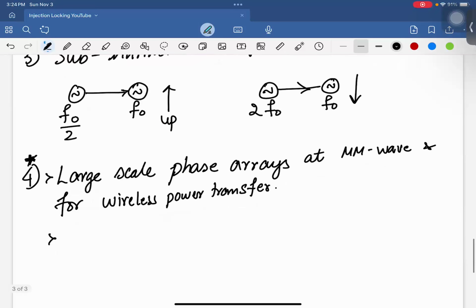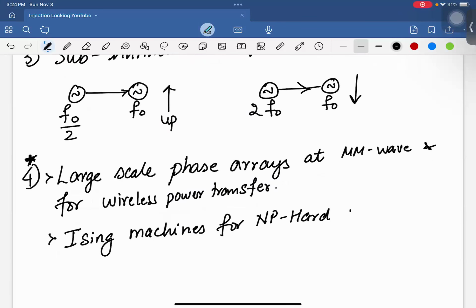And then there's also some other papers that show that you can use these large scale coupled oscillators as Ising machines for NP hard computational problems.